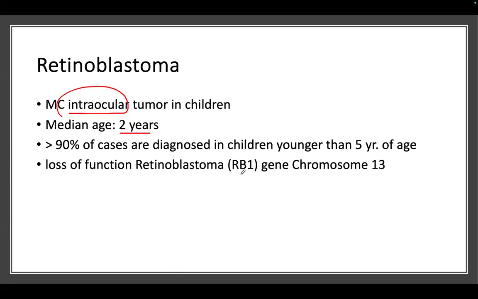Now, the gene is the RB1 gene. Now, to summarize. We mentioned neuroblastoma, we mentioned Wilms tumor, and now we mentioned retinoblastoma. What are the two genes mutated in neuroblastoma?